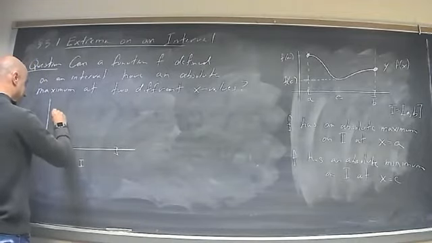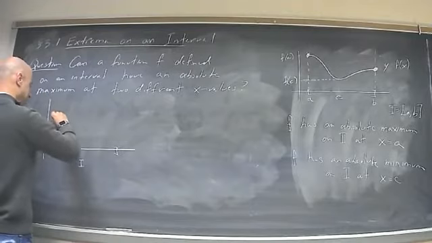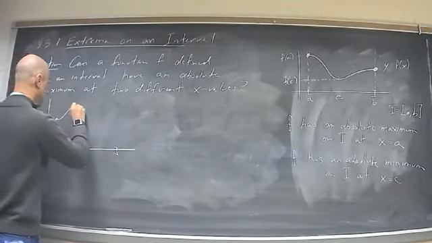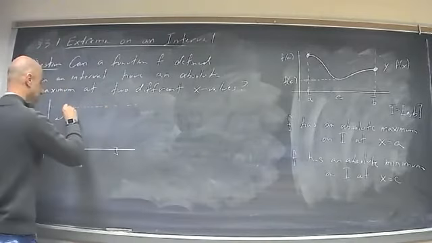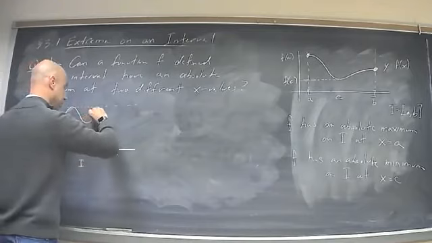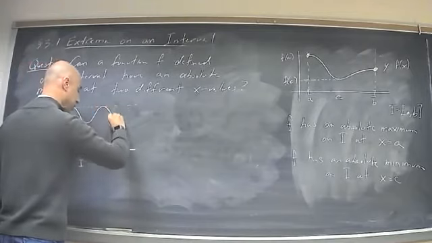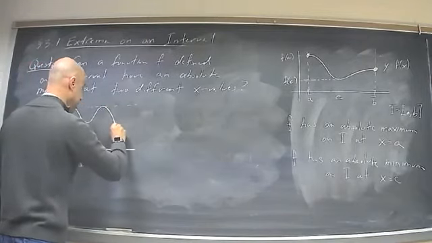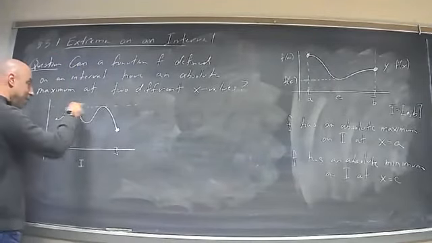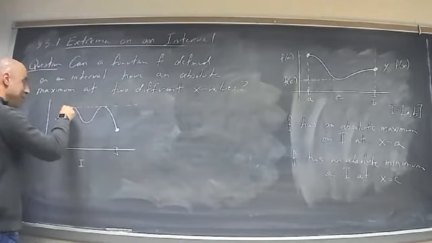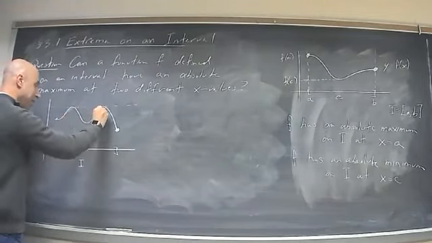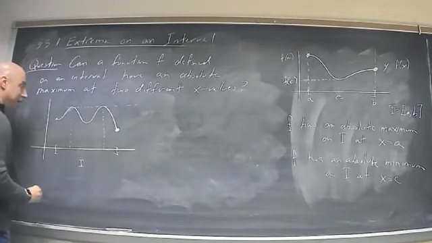Let's say I have something that looks like this. As long as I hit that same maximum height twice, I can certainly have an absolute maximum at more than one x value.